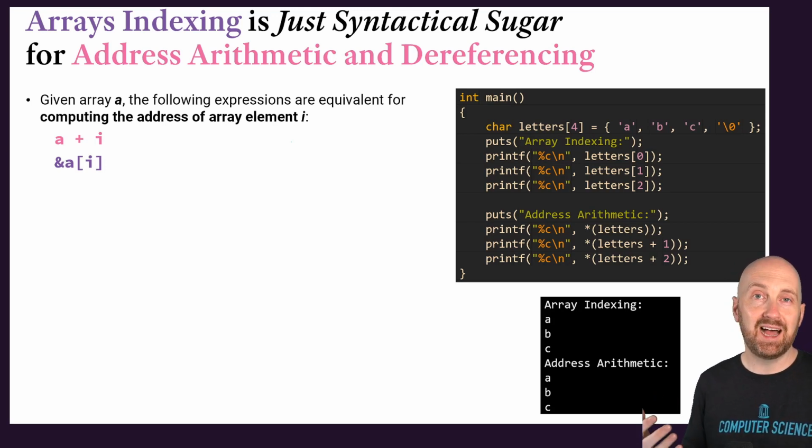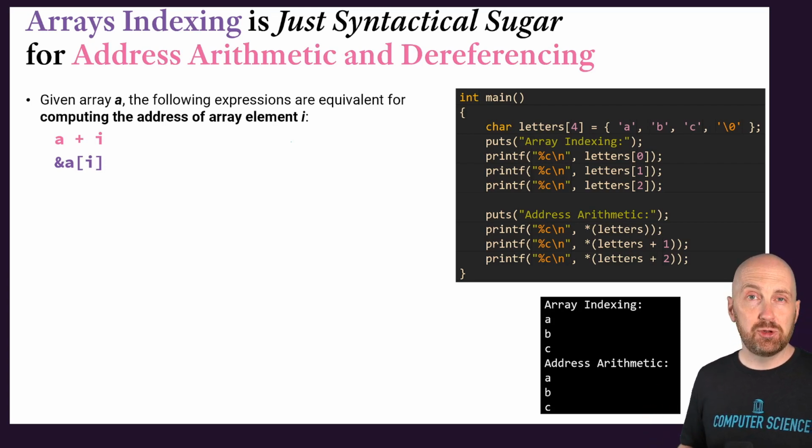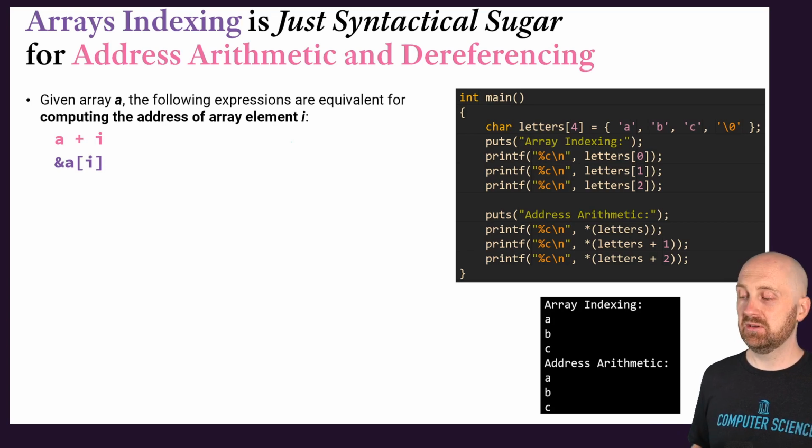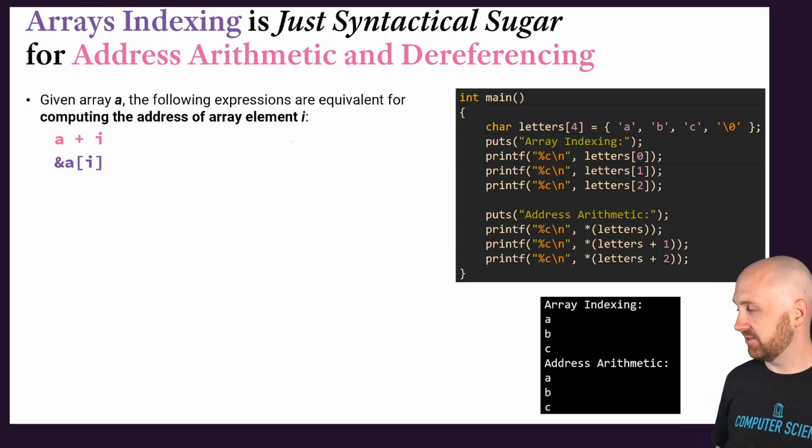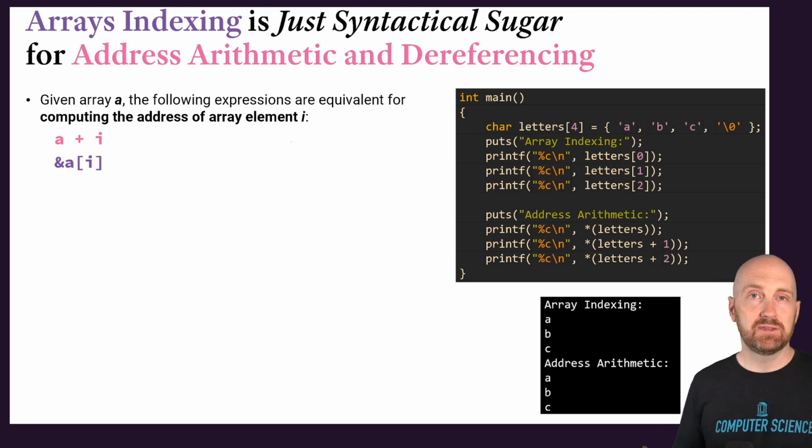A plus I, where I is some integer value, calculates the address of some index in the array. Whereas if you use array subscript notation and say A index I, notice you have to use the ampersand address-of operator in order to carry out the same operation.